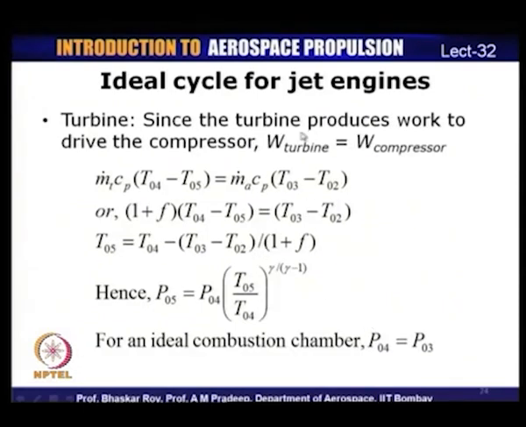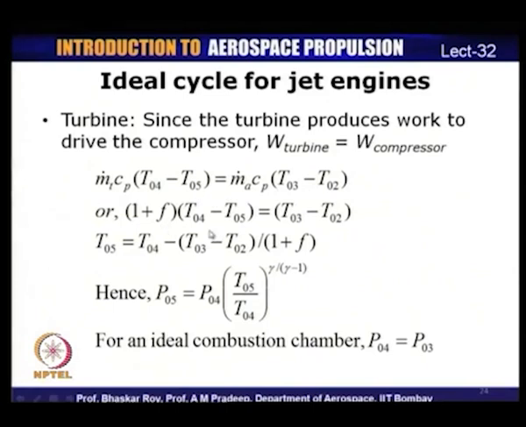Now, the turbine is basically meant to drive the compressor. So, if we equate the work done by the turbine to that of the compressor, we have work done by turbine equal to work done by compressor, that is m dot T, which is mass flow rate of turbine, into Cp multiplied by temperature difference (T04 minus T05), equal to m dot A into Cp (T03 minus T02).